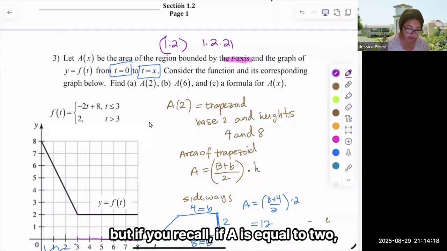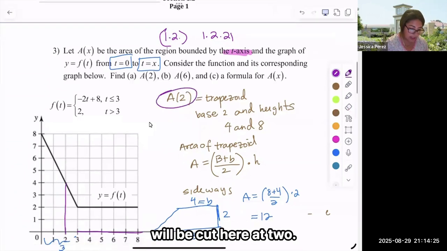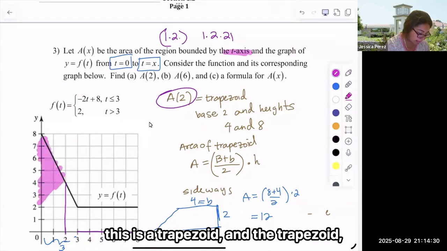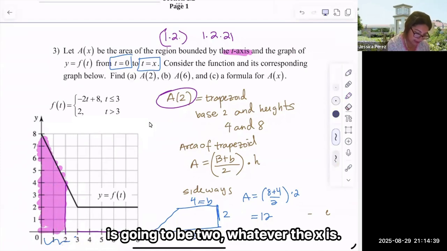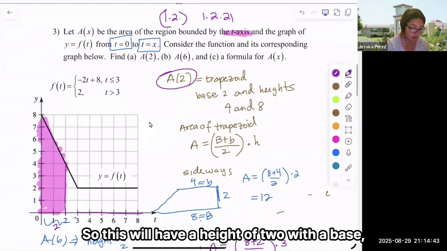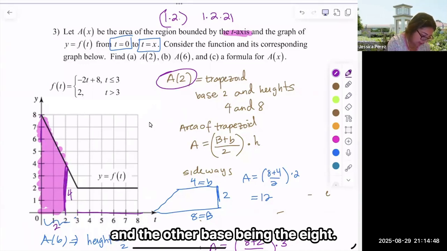But if you recall, if x is equal to 2, that means that your axis will be cut here at 2. If you turn it sideways, this is a trapezoid. The height of the trapezoid is going to be 2, whatever the x is, with one of the bases being 4 and the other base being 8.